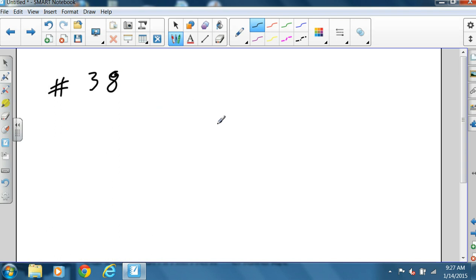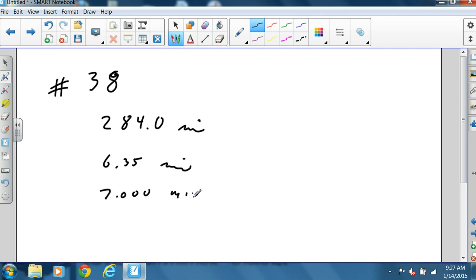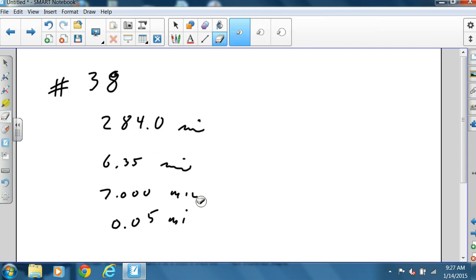Okay, so 38, I got 284.0 miles, 6.35 miles, 7.000 miles, and 0.05 miles. It would be cool if I was consistent abbreviating miles the same way, right?